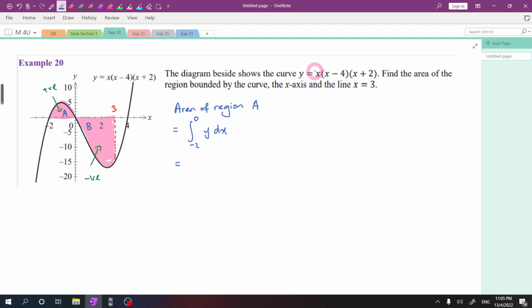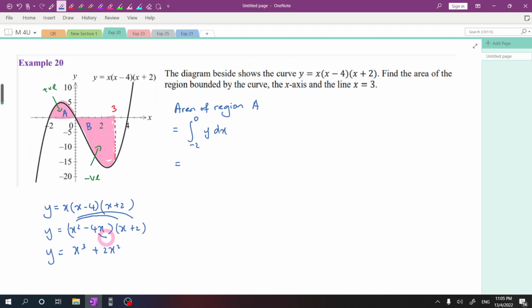So first thing, I'm going to expand this one first. y is equal to x(x minus 4)(x plus 2). Okay, let me do the expansion first. x times x will give you x squared, x times negative 4, negative 4x. x squared times x will give you x power 3. x squared times positive 2 will give you positive 2x squared.